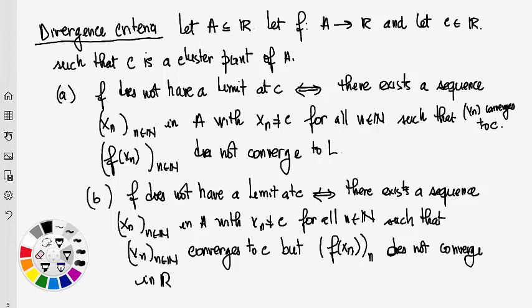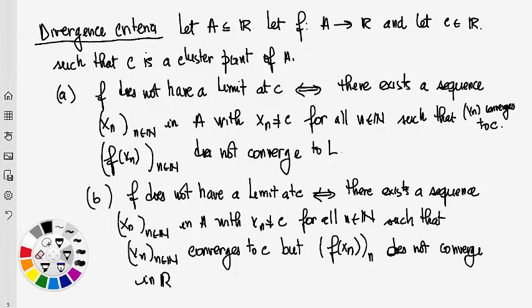Okay, so let me stop here and try to explain this divergence criteria. The divergence criteria hinges upon the sequential criterion, right?